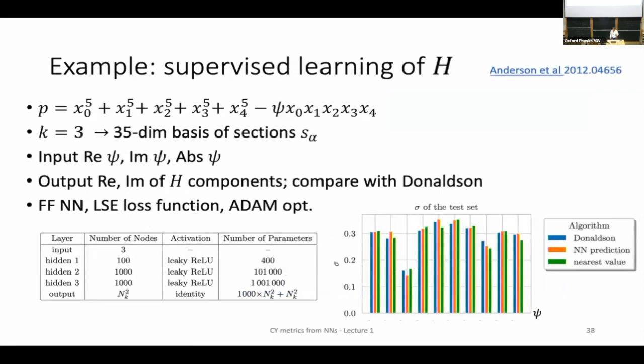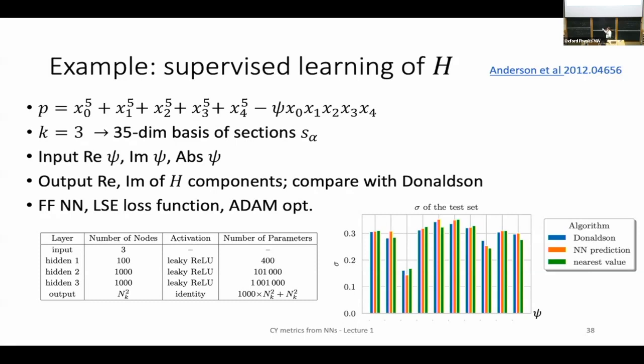So here are some experiments that were reported in this paper. For this particular quintic, the dwarf quintic with one complex structure modulus, for k equals 3, there's a 35-dimensional basis of sections, and with this particular choice of inputs.